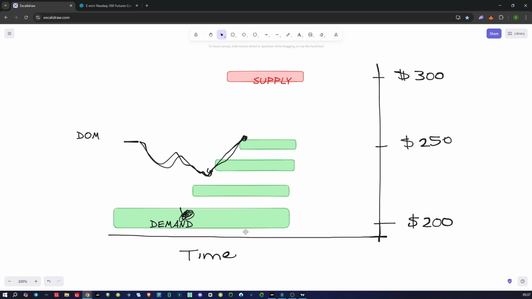Depending on the number of demand and the size of the supply and demand, that's why price is moving up and down, depending on how much the supply is here.